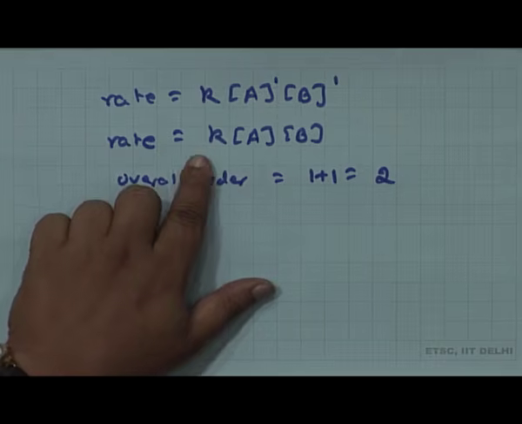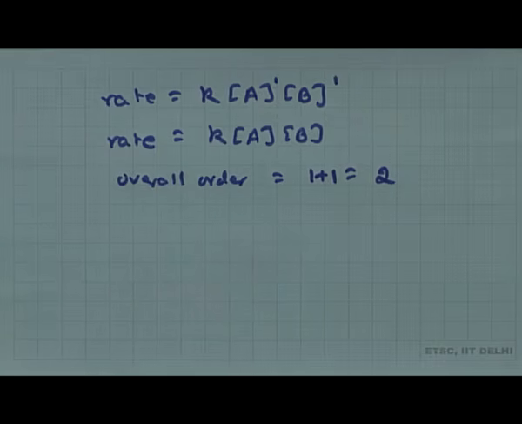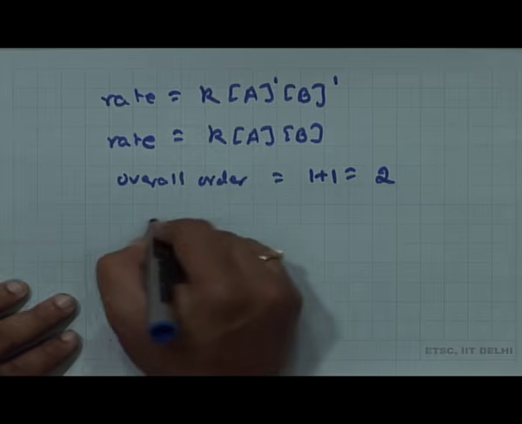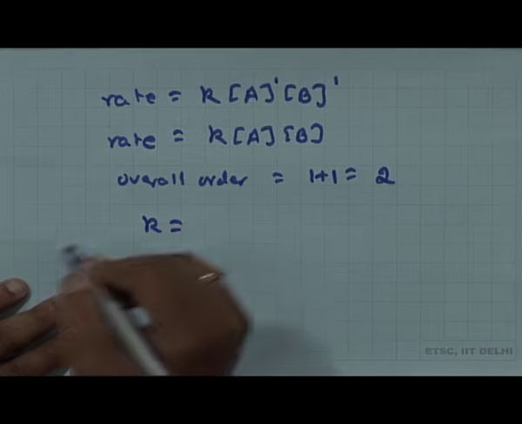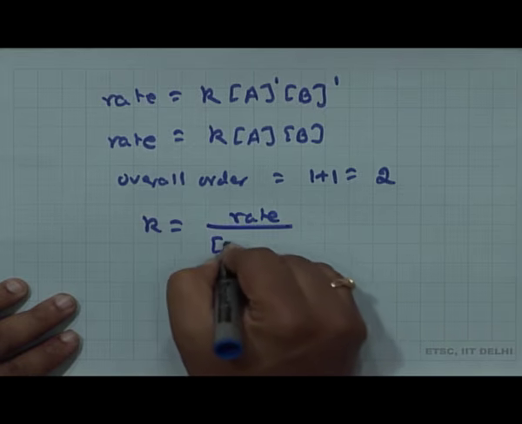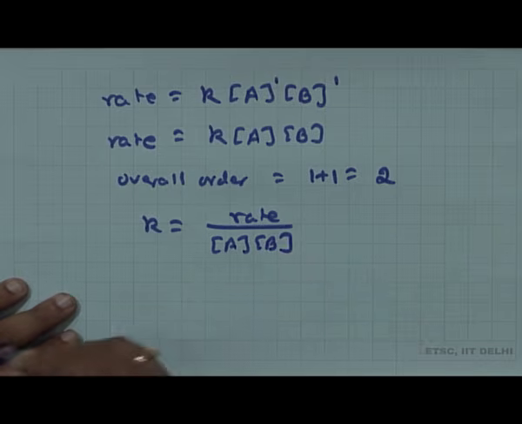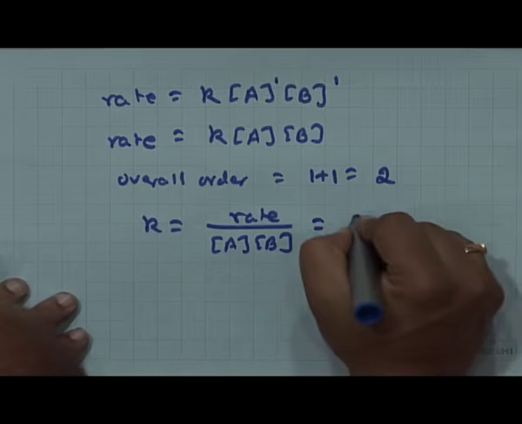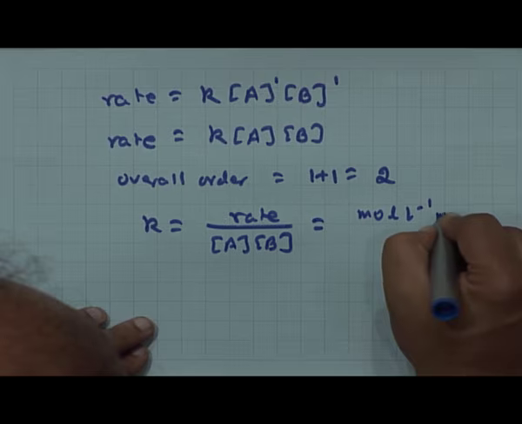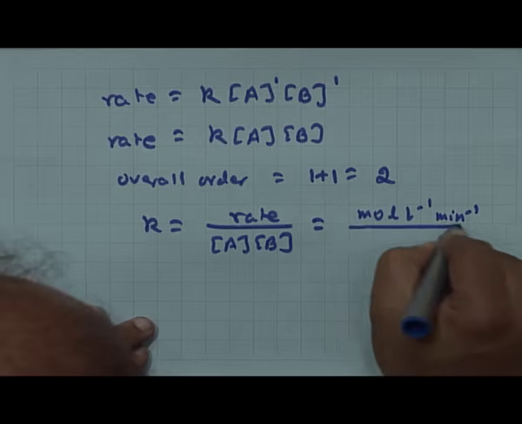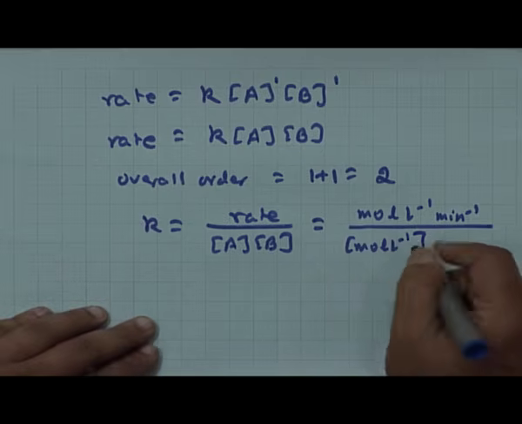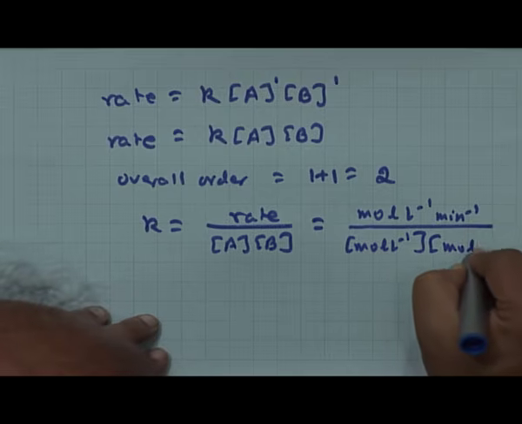And because this is a second order reaction, I can write that the unit of K is equal to rate over concentration of A, concentration of B. I know that the rate is moles liter inverse, and because the time was minutes, minute inverse, and then the concentration of A is expressed in moles per liter, and B also in molar concentration.